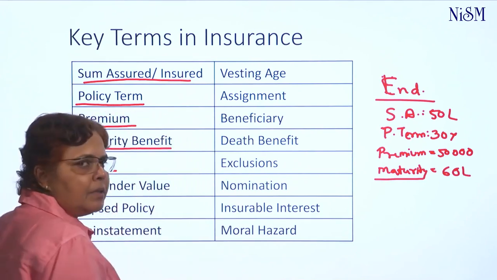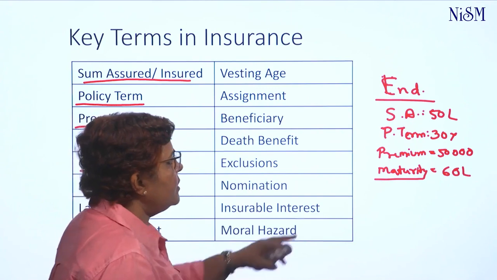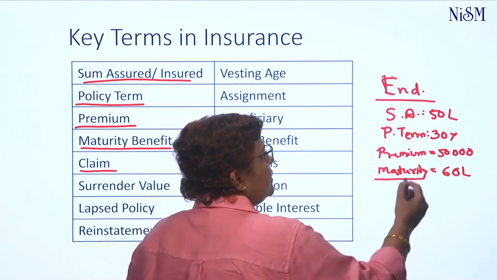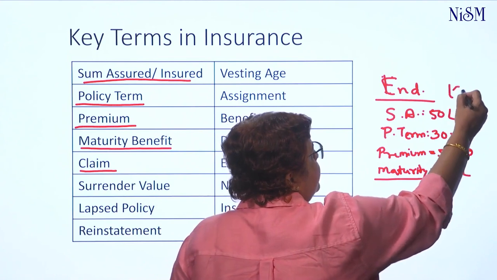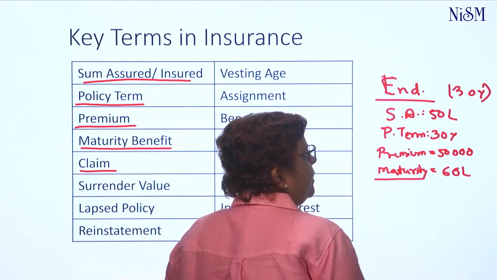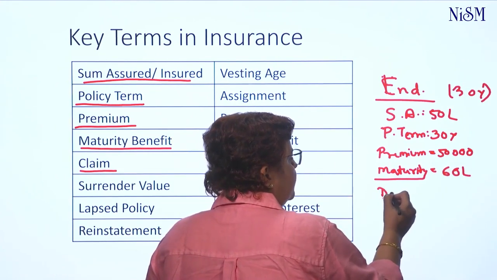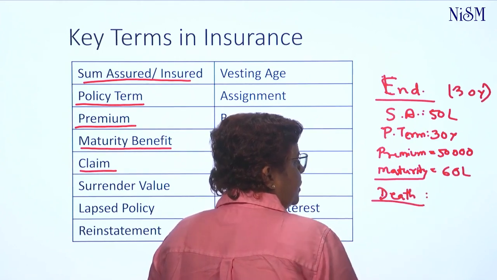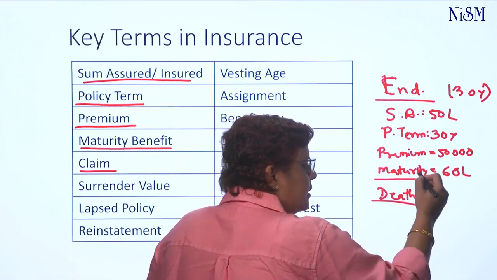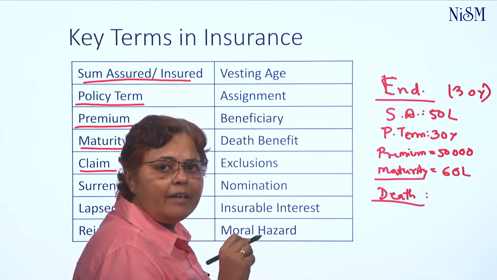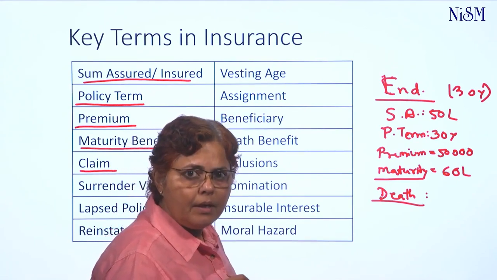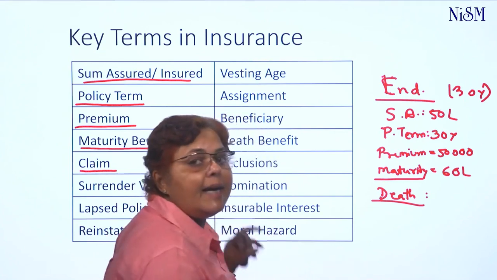Claim. Unfortunately, the person dies. Currently his age is 30 years; at the age of 40 years, he dies. Now, the family will write to the insurance company of the unfortunate event that has happened and they will put up a claim.